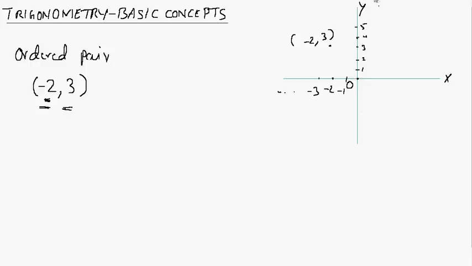Now the coordinate axes, the x and y axis, divide the plane into 4 parts. Each part is called a quadrant, and the quadrants are numbered counterclockwise, such as this one here. This quadrant is quadrant 1.